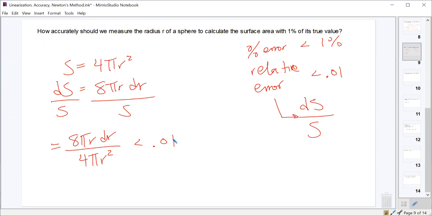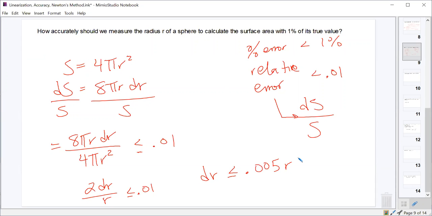We should be able to simplify that down fairly nicely. What does it give us? It gives us 2 dr over r is less than 0.01, which tells us that dr needs to be less than, I should probably put less than or equal to here, 0.005 r.